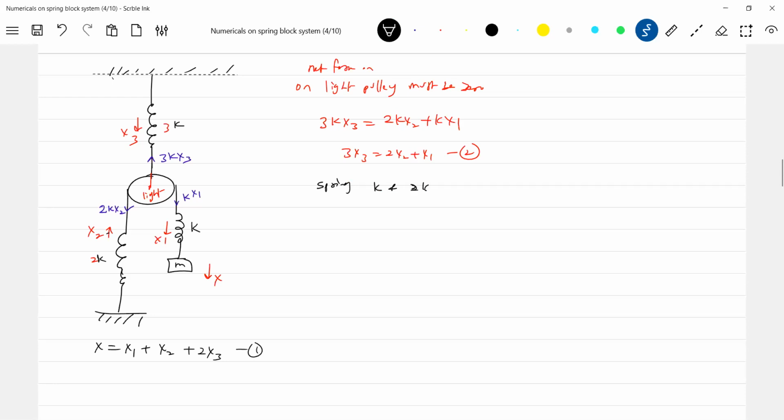Now look at the springs. k and 2k are in series. When they're in series, the spring force should be equal. 2kx2 is equal to kx1. So therefore 2x2 is equal to x1. I think we have enough equations. So then the energy equation, mv square by 2 plus kx1 square by 2.